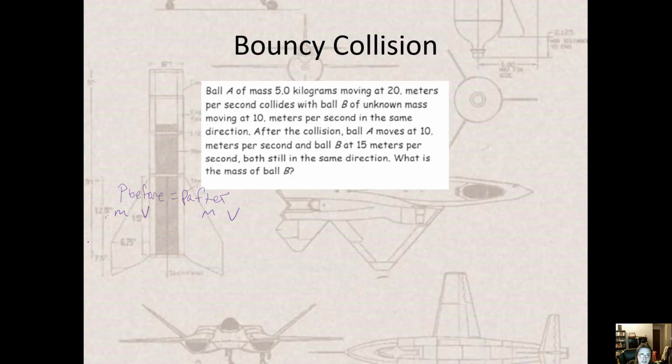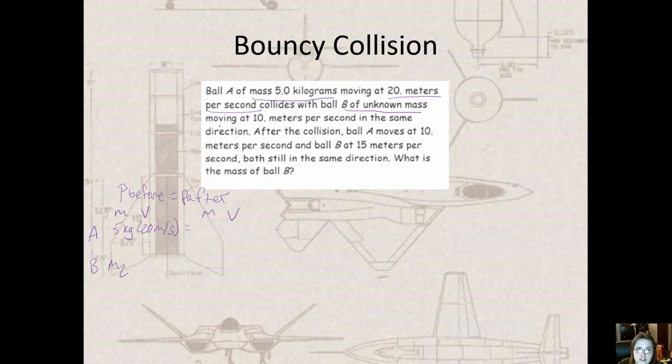So then we can write down our objects. We have A and B. Before the collision, the mass of A is 5 kilograms and is moving at 20 meters per second. So 5 kilograms, 20 meters per second. And then ball B is unknown mass, so we can write M2.